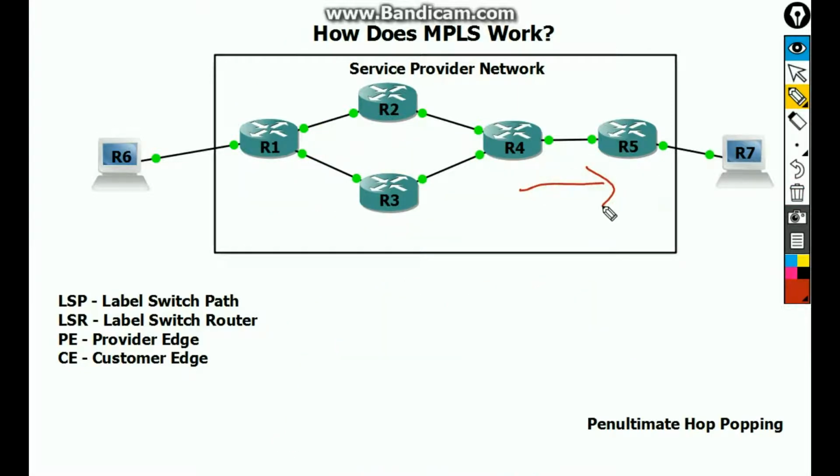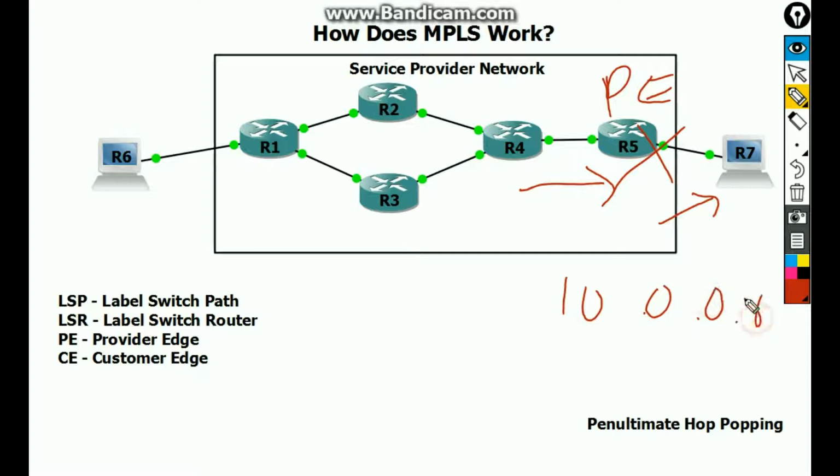Now, router 5 is the PE router, the provider edge, and that's where MPLS stops. MPLS does not go into the customer's LAN. So since that is the end of this label switch path, router 5 actually doesn't have a label for the 10 network.